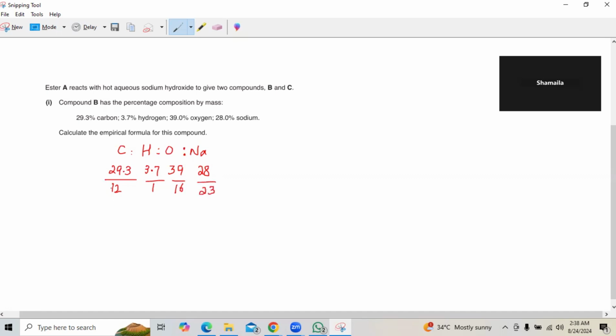Ji Musa, let's calculate it together. 29.3 divided by 12. Yes, what is the answer? जी बेटे आंसर क्या है?